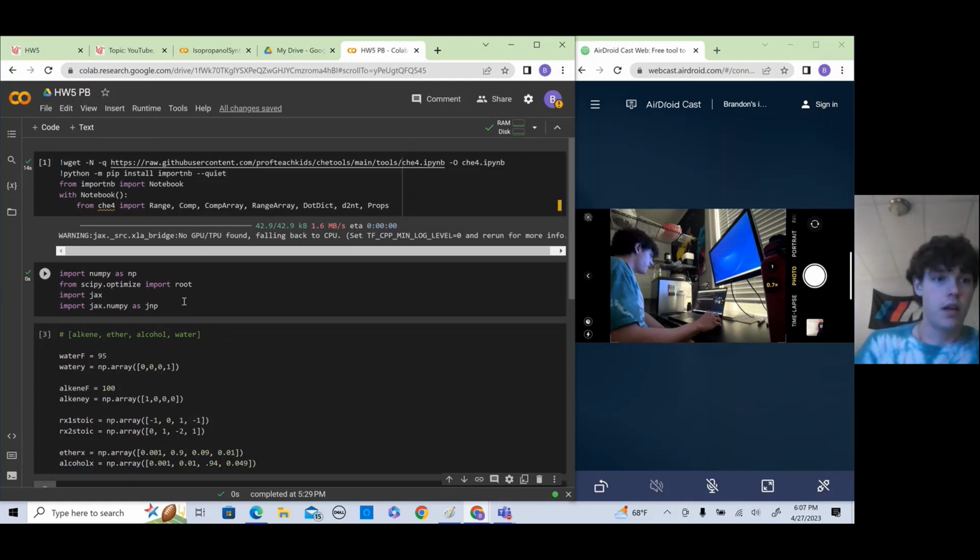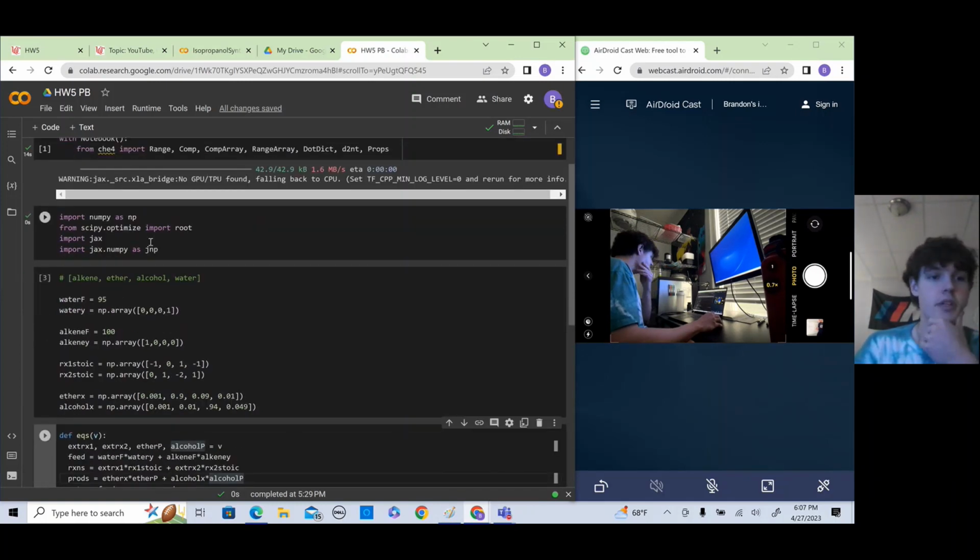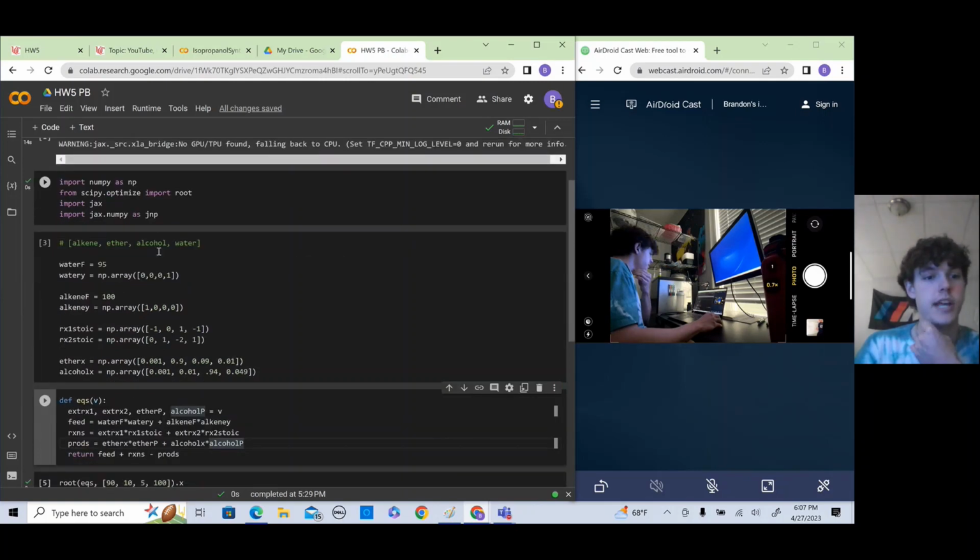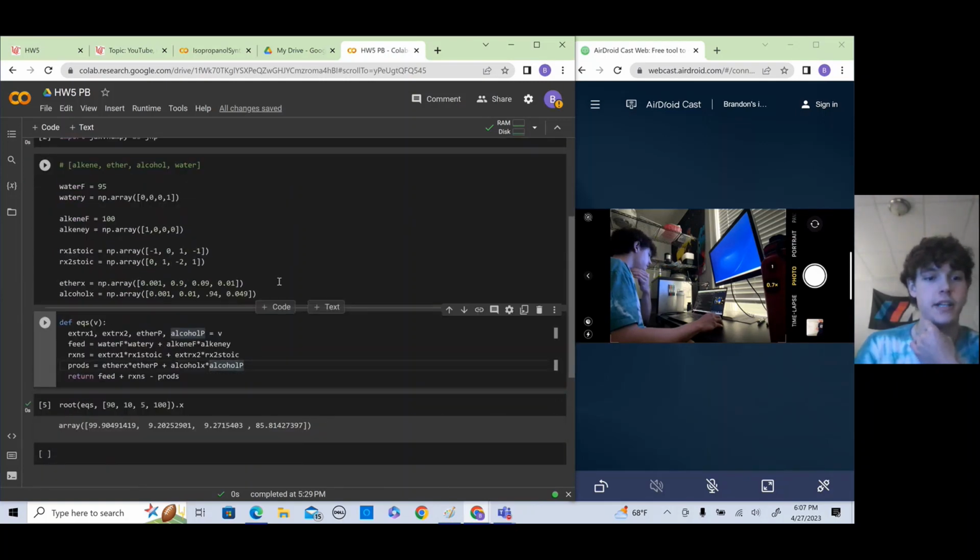We'll start here from our homework 5 part B, with our imports from the library. We imported NumPy, SciPy optimize root, and JAX and JNP for much later. We're going to have our equations again, but eventually these will be converted to our dictionary.